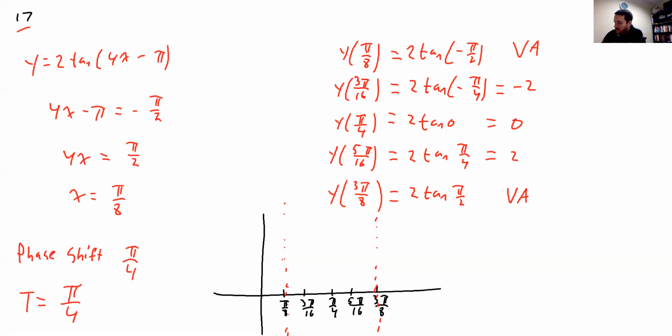Let's label 2 and negative 2 as well. Get out here. 2, negative 2. There, there, there. Kind of ran out of space. Didn't give myself room. I just opened up like 7 calculators accidentally.